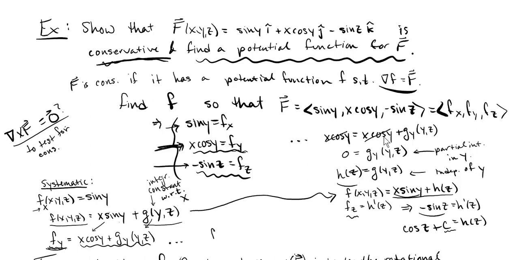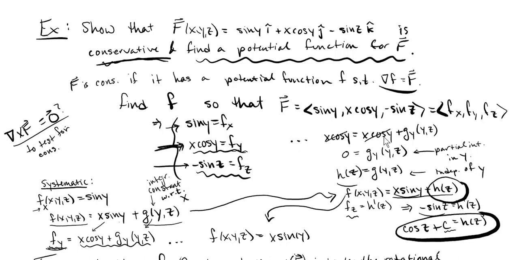Now we can write down our function from here. We know it's x sine y, but now we know what h of z is. H of z equals cosine of z plus a true constant.